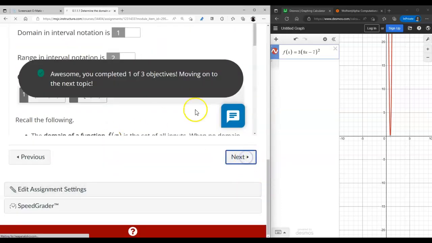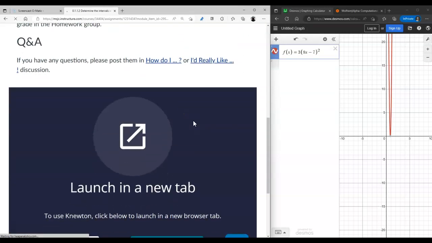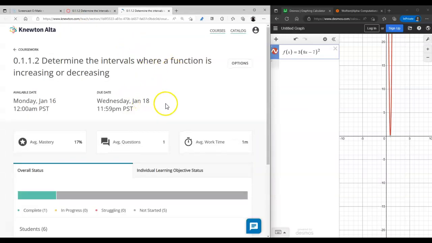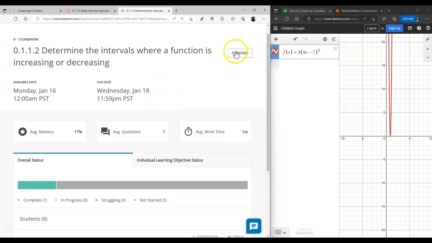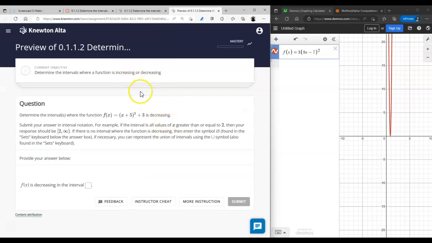So there are many other homeworks. This homework, if you're not using technology, could be really, really annoying. So I'm going to launch it in a new tab to give myself more room to work with here, and determine the intervals where the function is decreasing.